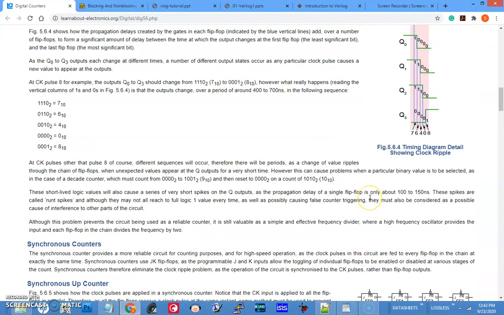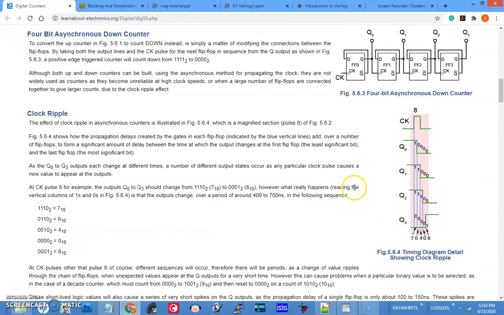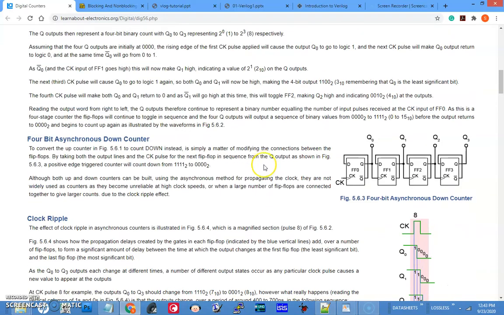This is what we are going to implement in Verilog today. You can bookmark this page and learn how it works. In the first clock cycle, what is happening? Q1 is becoming 1. In the next clock cycle, this changes. So you can easily understand how a counter works.